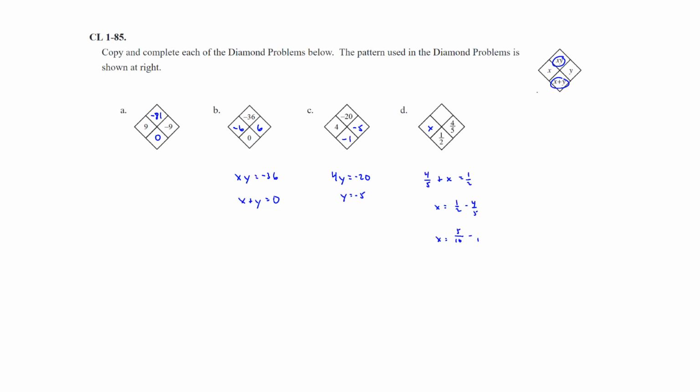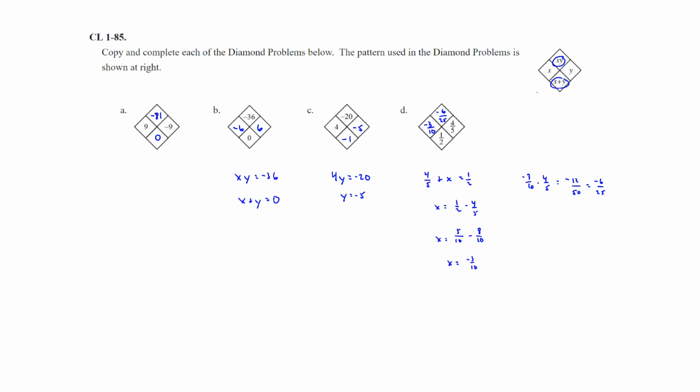So 5/10 minus 8/10. So x would have to be negative 3/10. So negative 3/10, and then now you can multiply negative 3/10 times 4/5 to get the product. Could just multiply straight across and then reduce. So if you do that, you get negative 6 over 25 when you simplify.